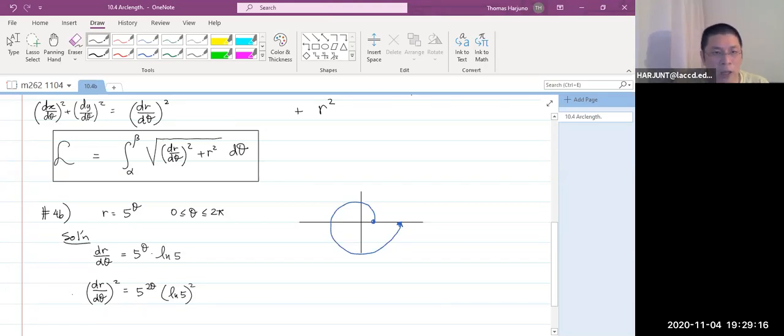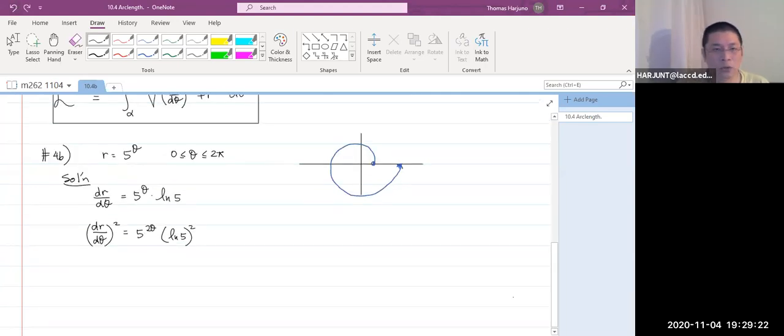Now add that to r squared. Don't forget, set it up right. This is 5 to the 2 theta ln 5 squared plus 5 to the 2 theta. I can factor that 5 to the 2 theta.